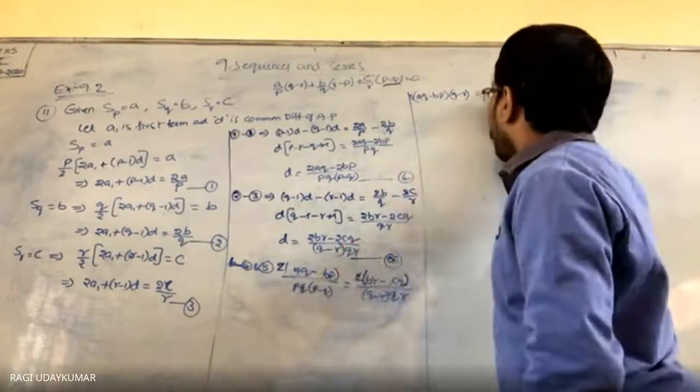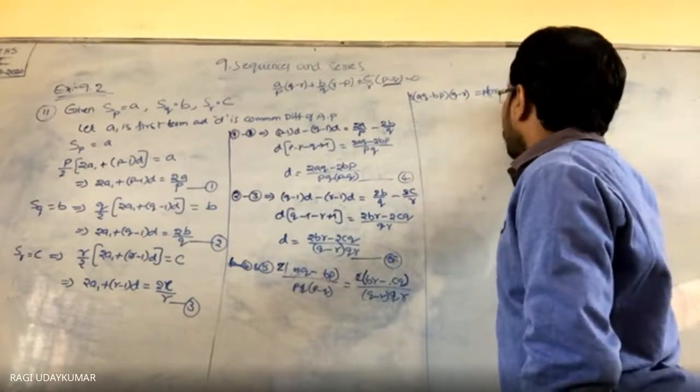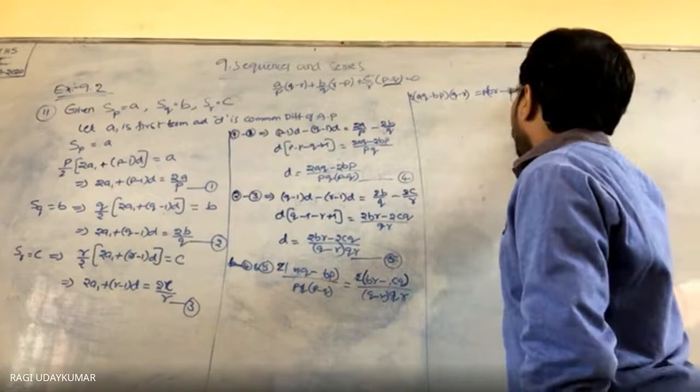Here p is there, p into br minus cq into p minus q.